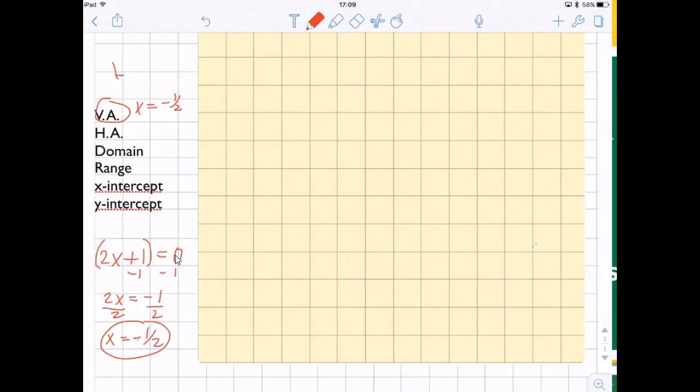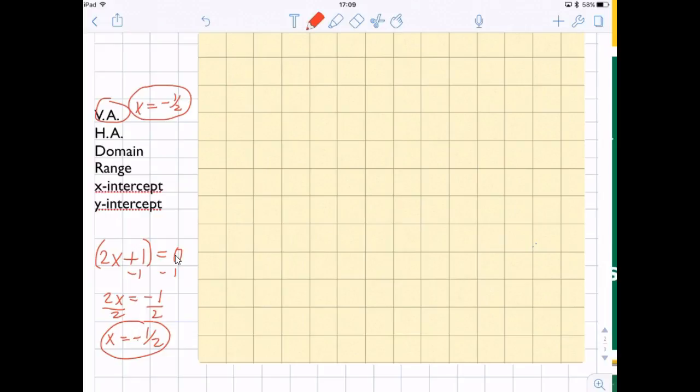By the way, do not write vertical asymptote equals negative 1/2. Vertical asymptote is a line. The equation for a line is x equals negative 1/2. You have to have an x or a y or something in it to make it the equation of a line. You cannot write vertical asymptote is negative 1/2. Okay? All right, now let's do the horizontal asymptote.